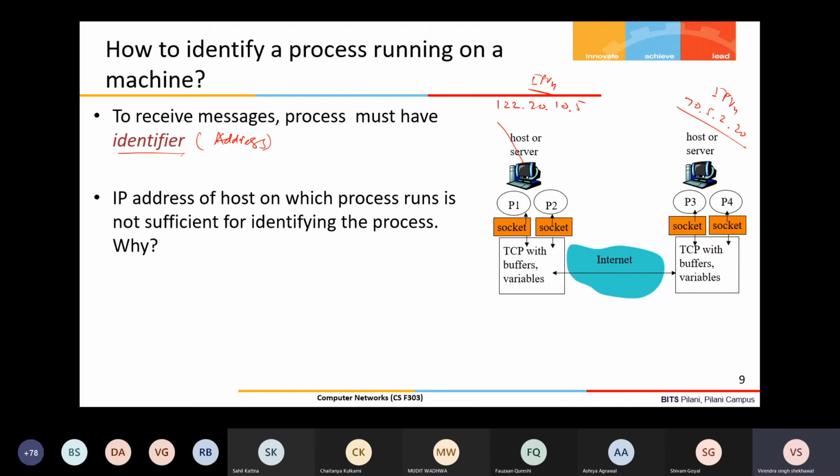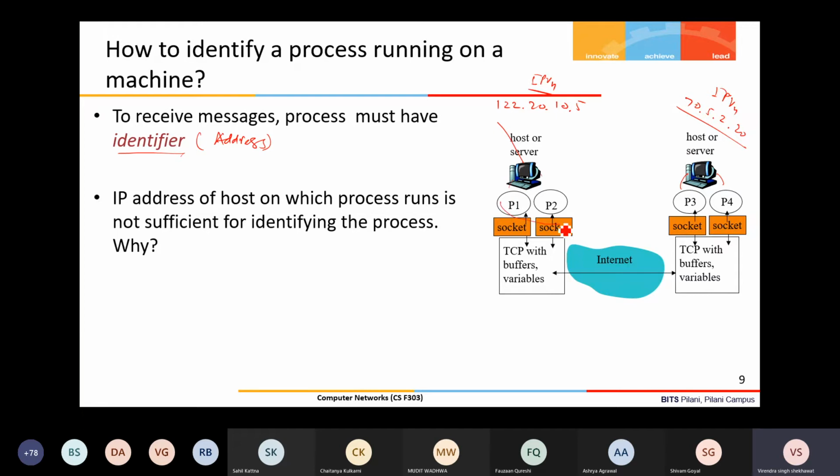Is it enough to use just the IP address to communicate between processes?